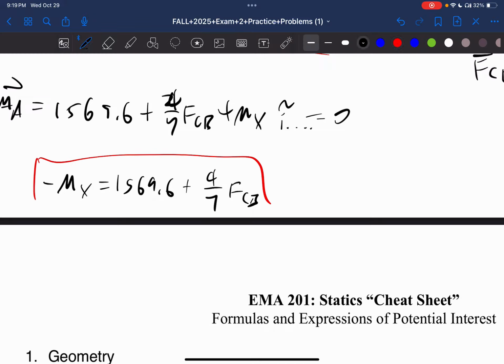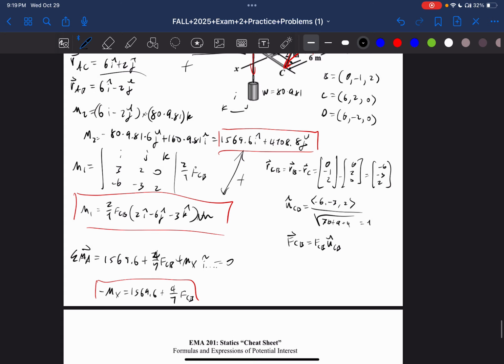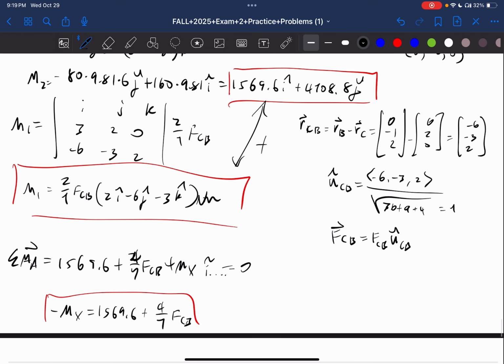You have this here, and then you have to solve a bunch of system equations, which I really do not feel like doing. Okay, what does it ask for us to do? Moment reactions at A. You're basically done, and then set the J component. So, okay, let's do that too.